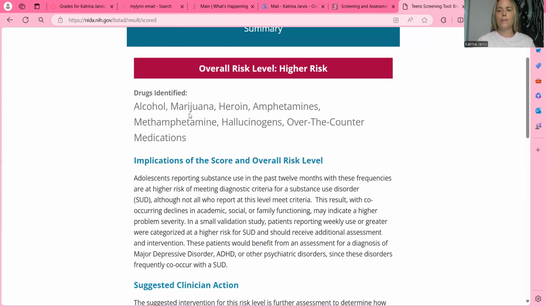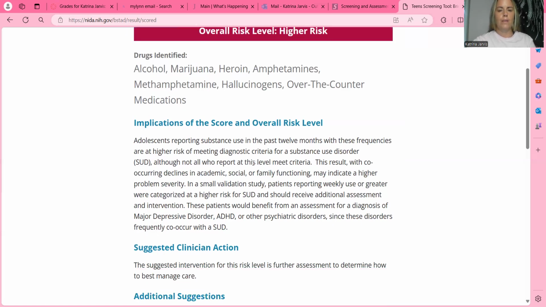Now, any assessment could determine this if the client is honest. If it was a lab test, it would be the other way. But this was specifically for adolescents reporting substance use in the past 12 months. And they are at risk for a substance use disorder.